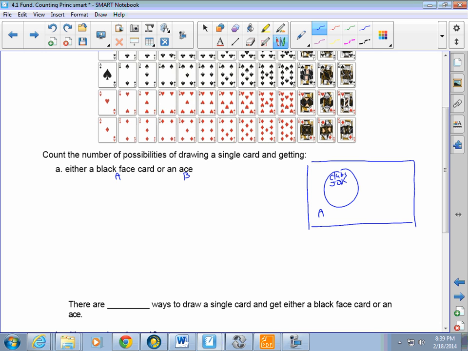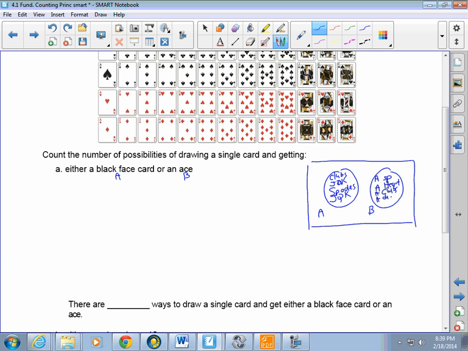And then you'd have your spades, which would also be Jack, Queen, King. In your second set, B, you'd have your ace of spades, ace of hearts, ace of clubs, and ace of diamonds.